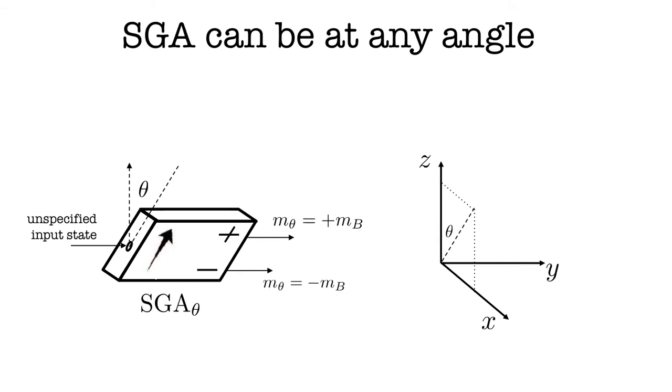So we'll say that we're measuring SGA theta and we get a value of either plus MB or minus MB. And you'll recall that this term MB is simply a numerical number. You can think of it loosely as +1 or -1. For our purposes, the exact value of that term MB is not going to be important at all.